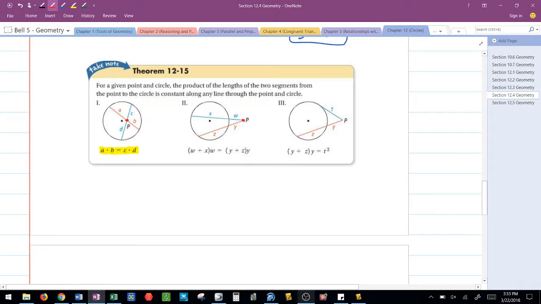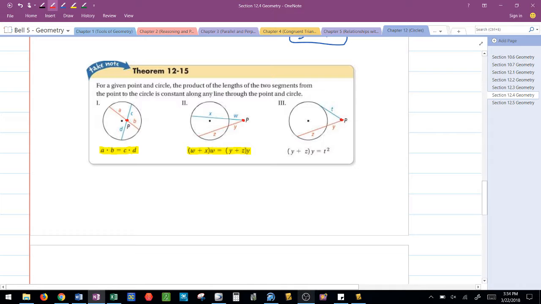So W times W plus X equals Y times Y plus Z. And if you look at the equation, they just wrote it a little bit different than the way I said it. So you got to measure to and to the other side. To and to the other side. This is how you handle it when the vertex is outside and it's a secant scenario.